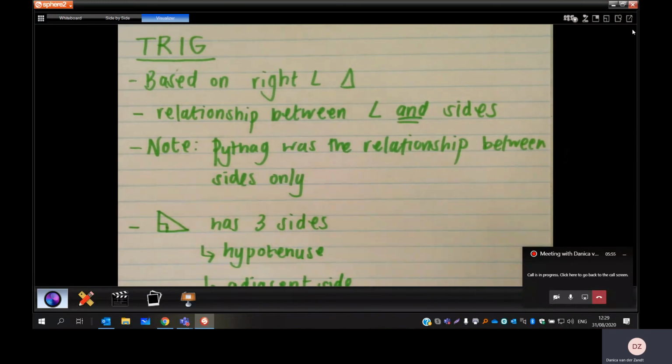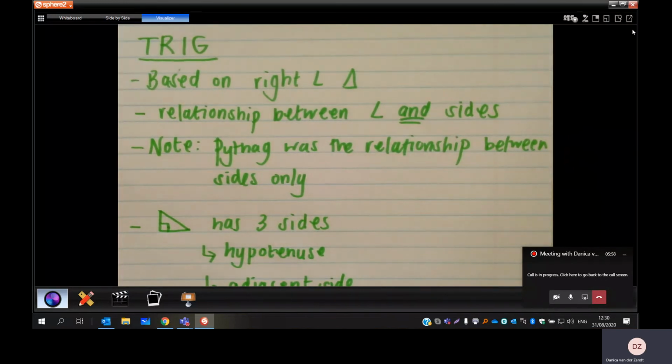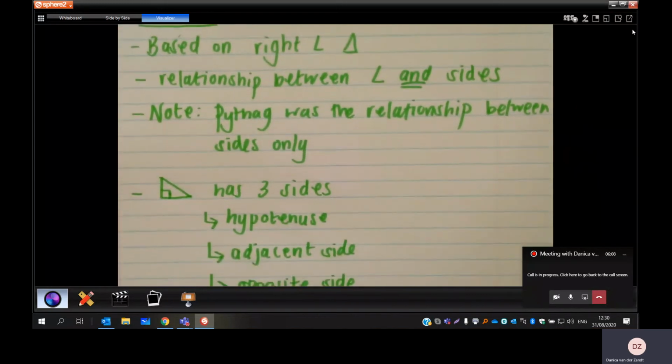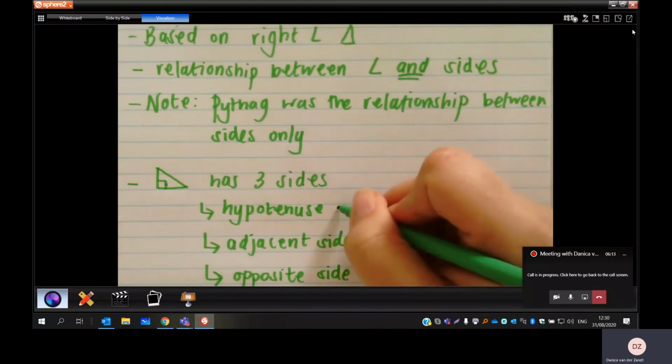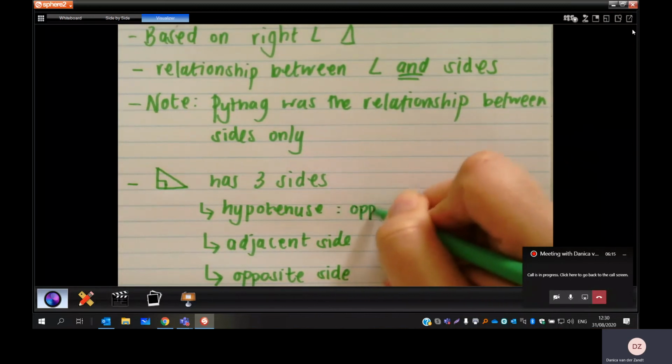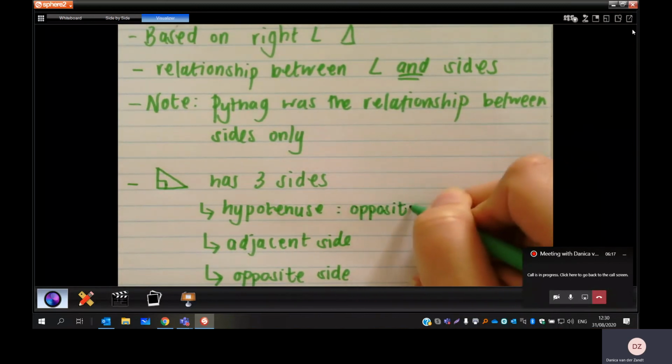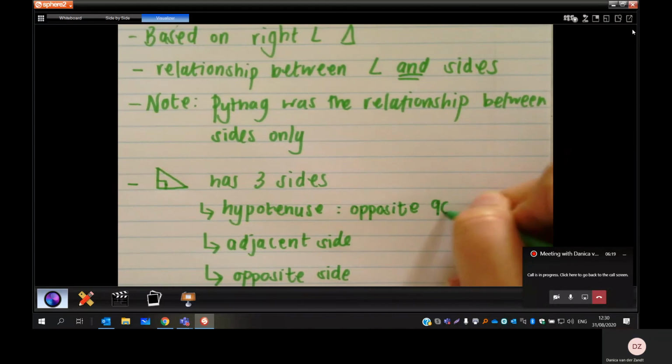And very important that when I have the same triangle, but I change the angle that I'm working from, my opposite and adjacent also have to change. But the hypotenuse will always be the hypotenuse. My hypotenuse is always opposite the 90 degree angle. Always. Doesn't matter the triangle.